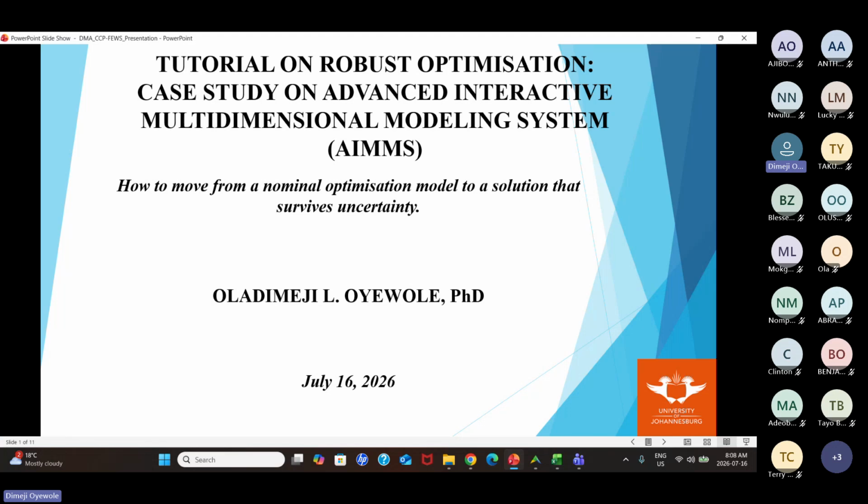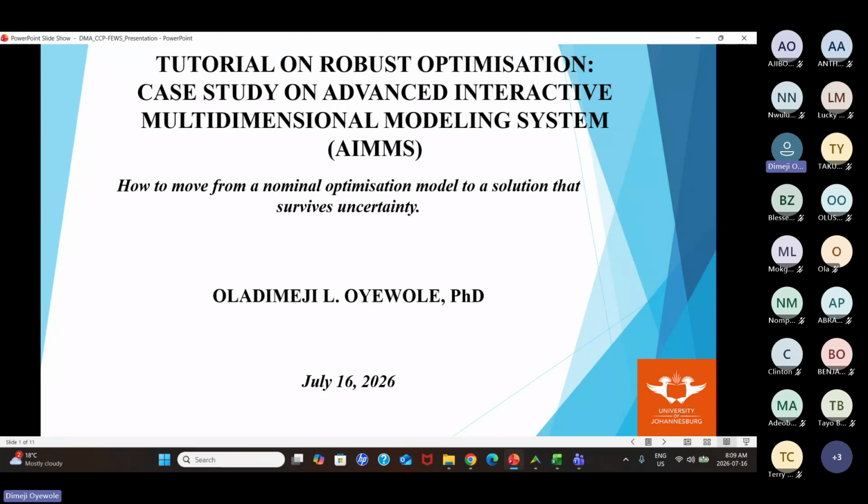So I'll be taking a tutorial on robust optimization, and I will be using a case study on AIMMS. I'm sure you might have heard of this before. And if this is your first time of hearing it, we will just do some work together today.